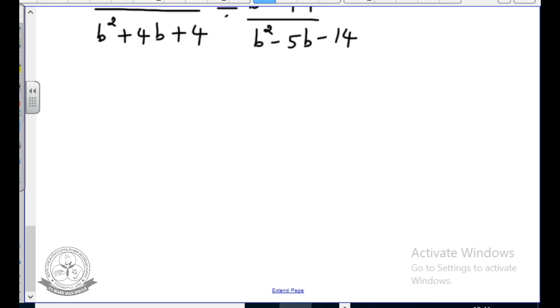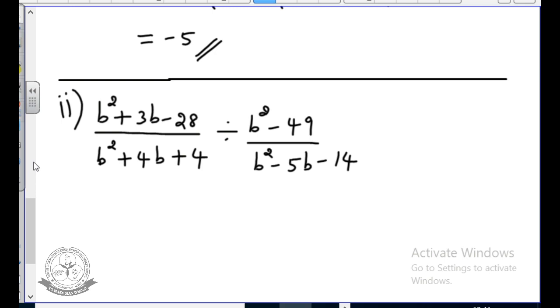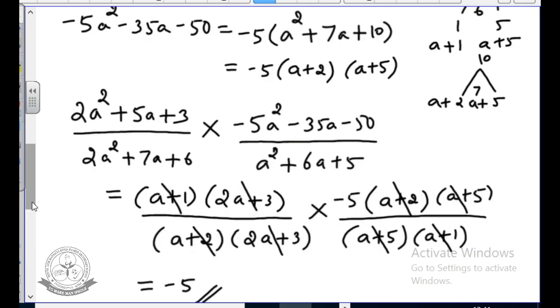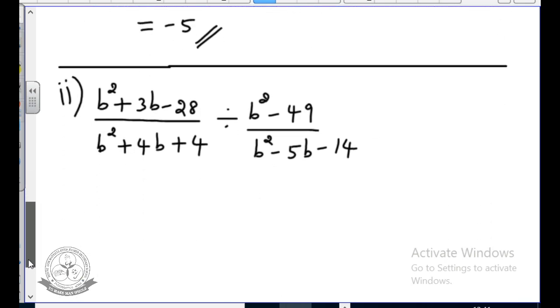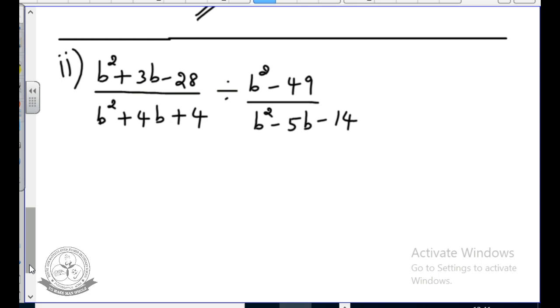So first, for the first term, what is the first term? In the first expression we should take the first numerator. So b square plus 3b minus 28 is equal to, if you want to split this, the multiplication term is minus 28, the addition term is 3.